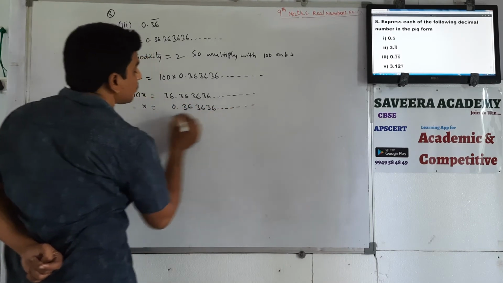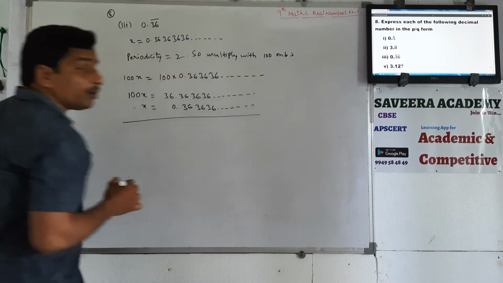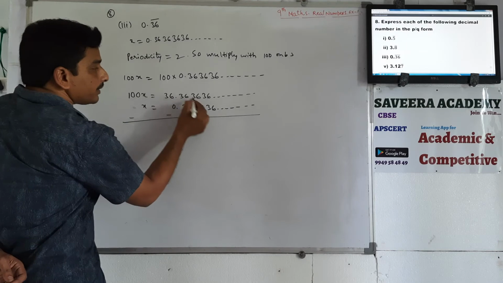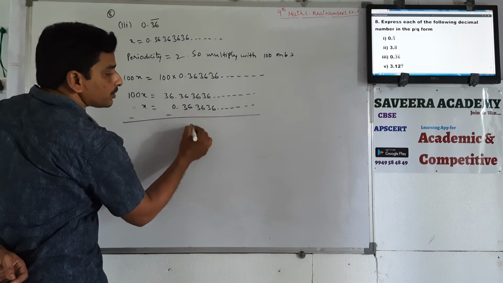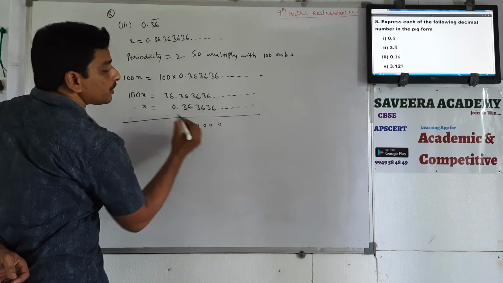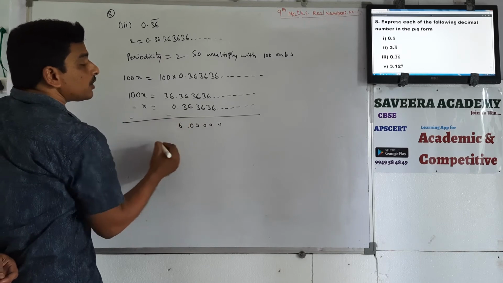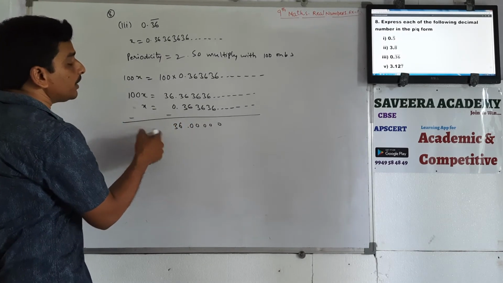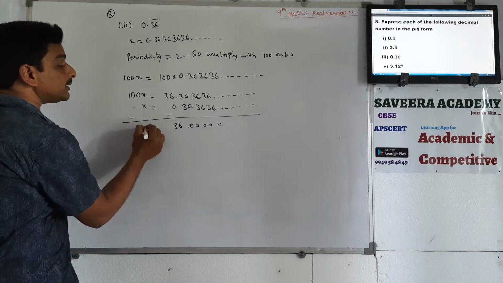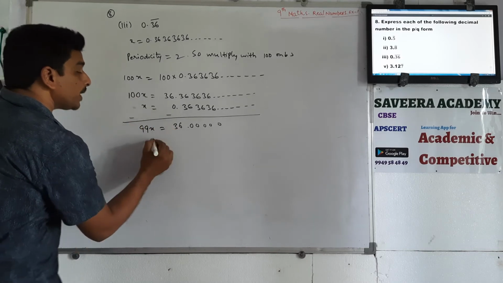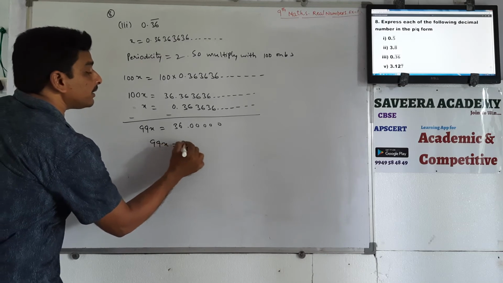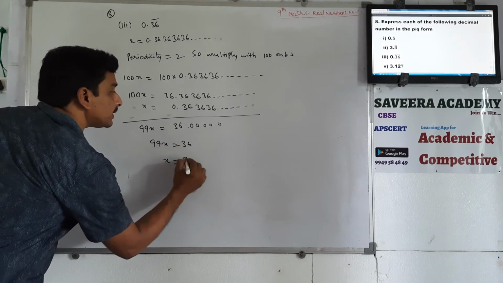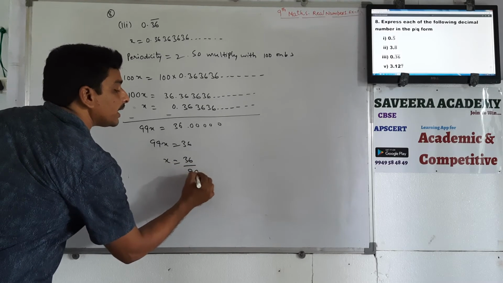Again you have to write down the x value, 0.363636 and so on. Now do the subtraction. 363636 like that, you will get zeros. 6 minus 0 is 6, 36. So 100x minus x, 99x, is equal to 36. x is equal to 36 divided by 99.